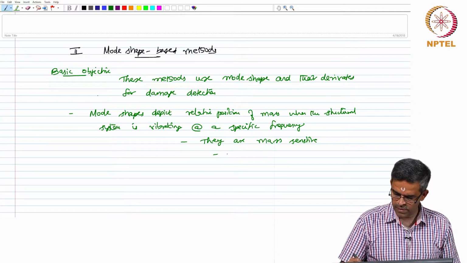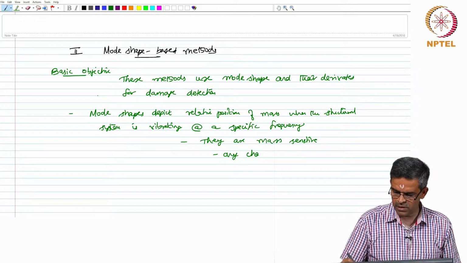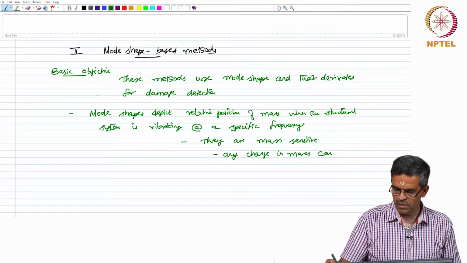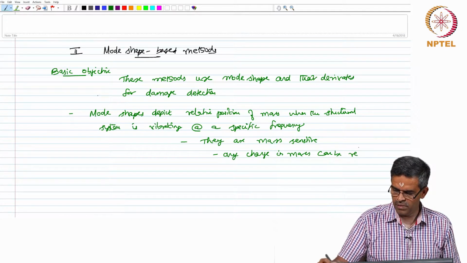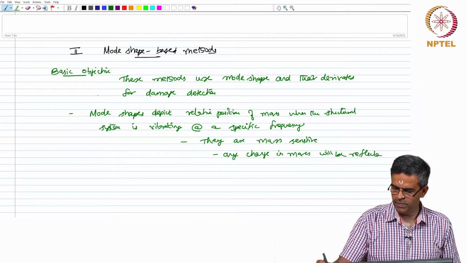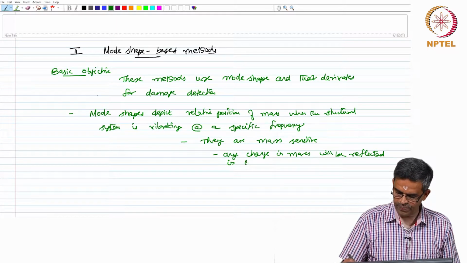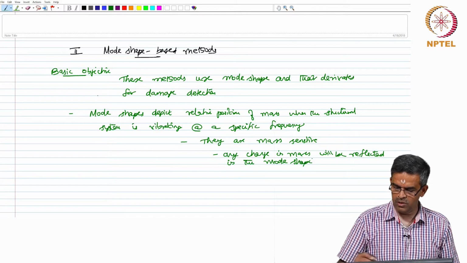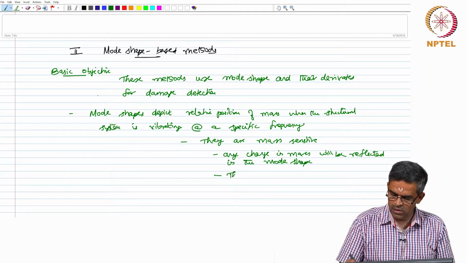That is, any change in mass will be reflected in the mode shape, and this characteristic is used for damage detection.